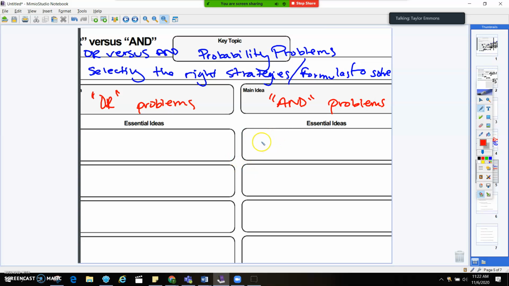So with and problems, you're going to ask yourself, are the events independent?